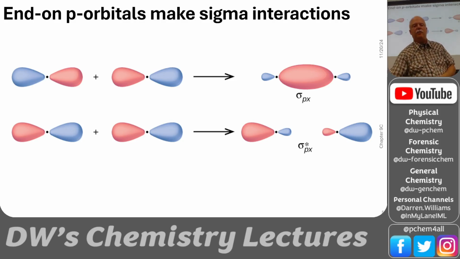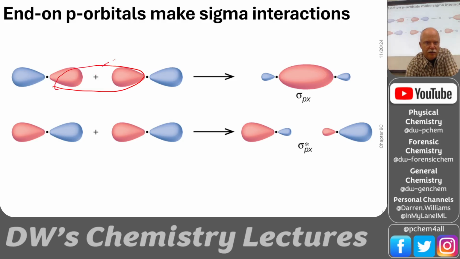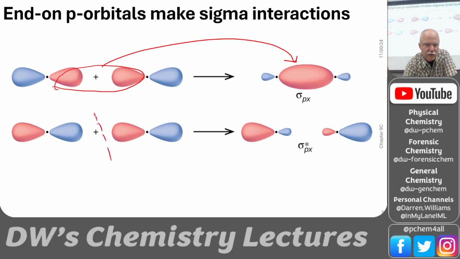So this would be a bonding interaction where you see this matches right here, so that becomes this piece right there. And notice right here, this doesn't match. So there's a node, and so it breaks the bond.